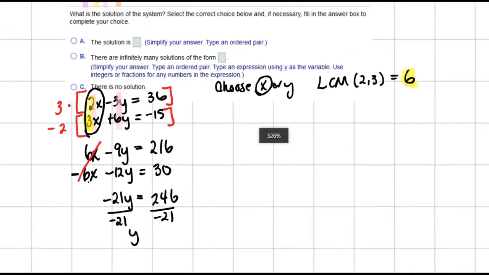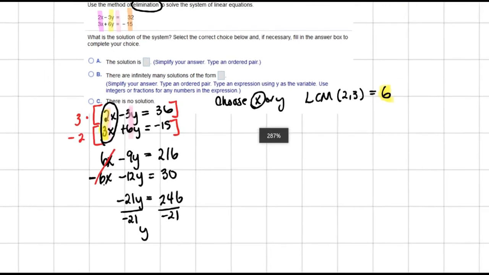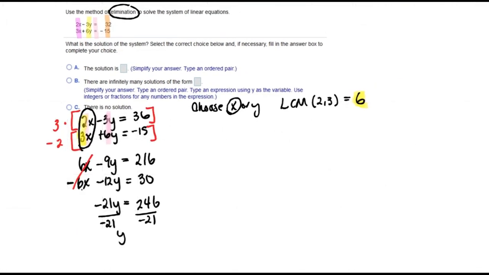and I'm pausing for a second because I just caught a mistake of mine. If you go back to the original problem, notice this up here says 32, but I wrote 36, so let me fix that. That should be 32, and 32 times 3 would give me a 96 here.